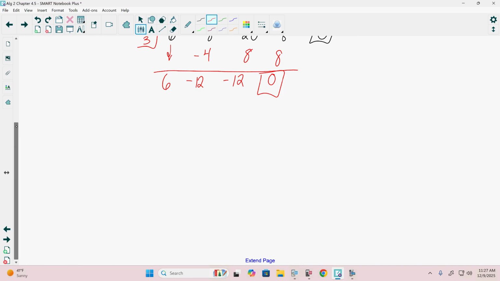So at this point here, we've got to fill the variables back in. Negative 12, the first negative 12 is going to be our constant term, our term without x. The second negative 12 will be our term with x. 6 is our term with x squared.